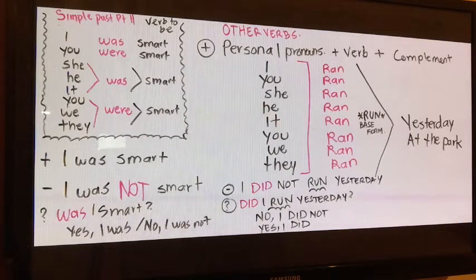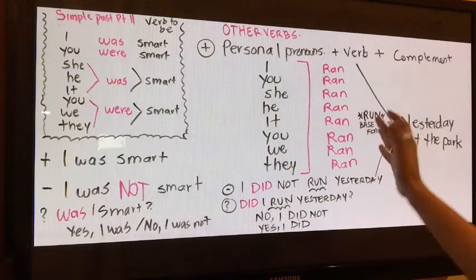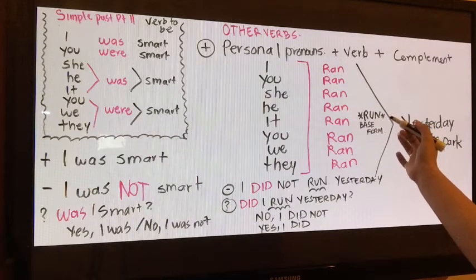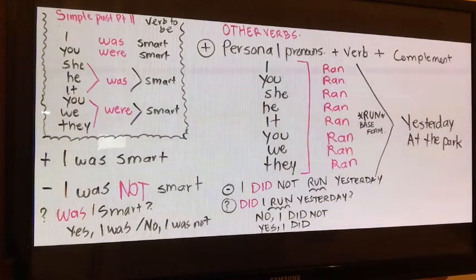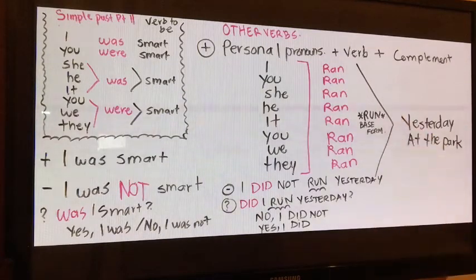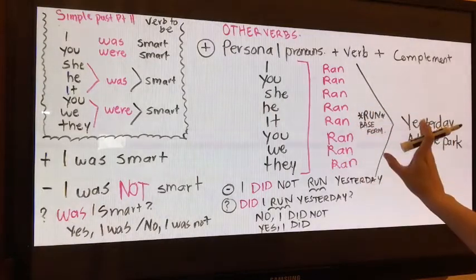In this case, the only thing that we have to do is decide or learn if this verb is either irregular or a regular verb. If it's regular, the only thing that we have to do is add ed at the end. And if it's irregular, then the structure of this verb is gonna change completely.